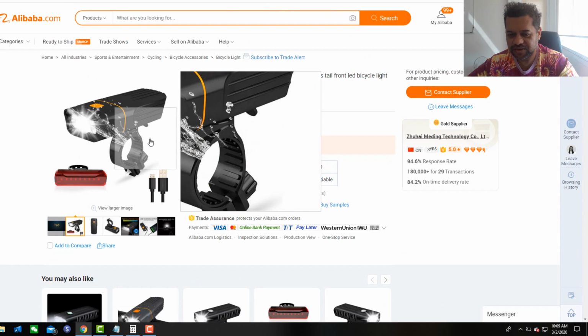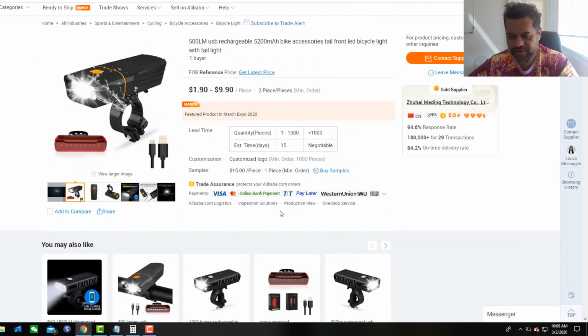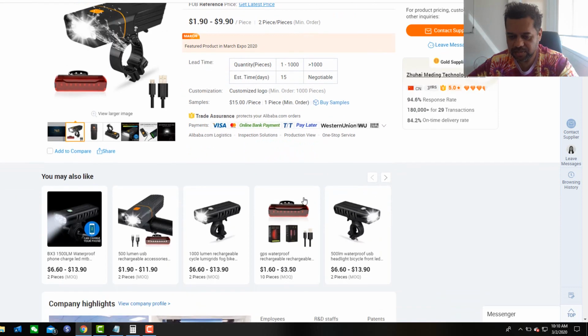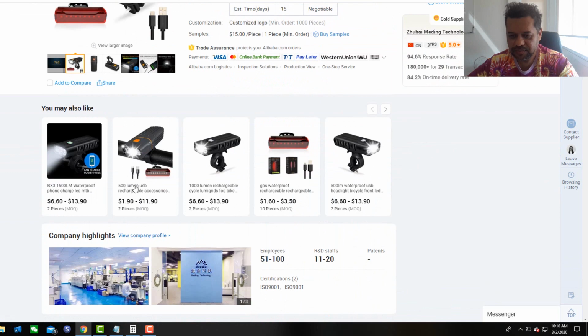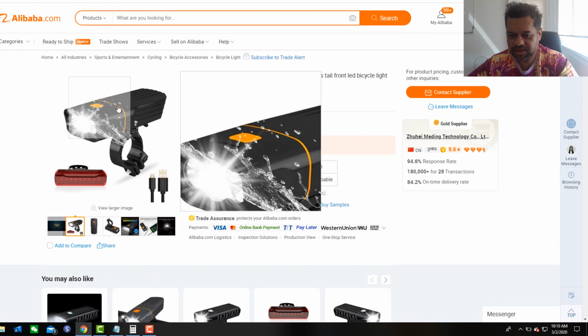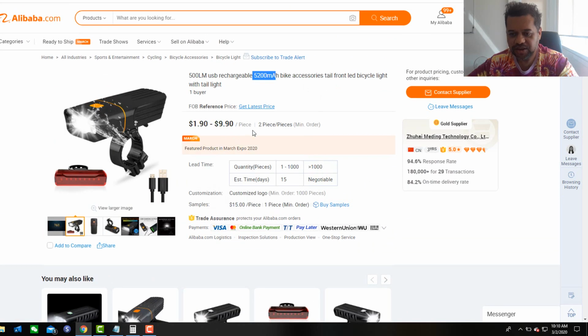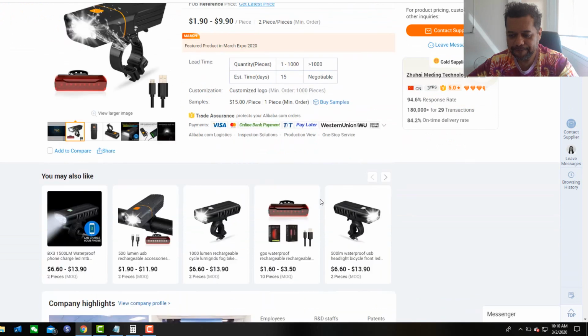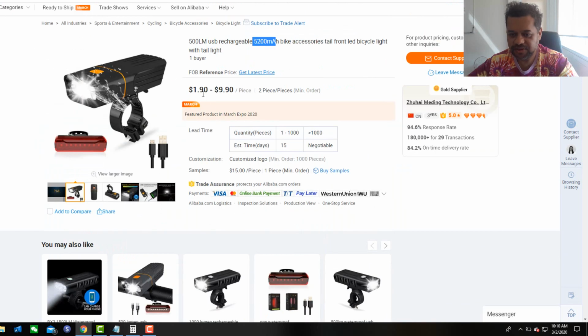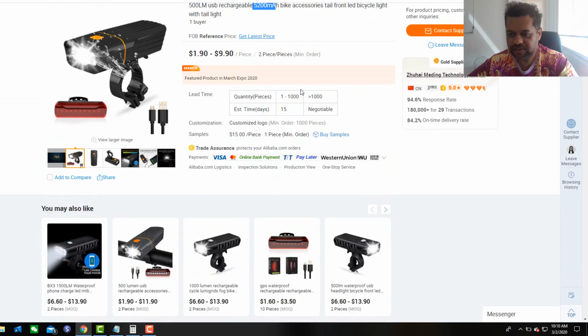You'd have to buy these for $1.90 to make it profitable, because they've got a 520 milliamp battery and a 500 lumen bulb. So you could probably sell this for maybe $29, but you'd have to buy these for $2, $3 to be profitable.